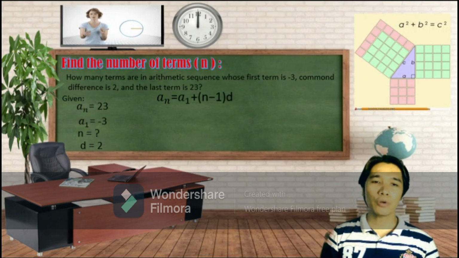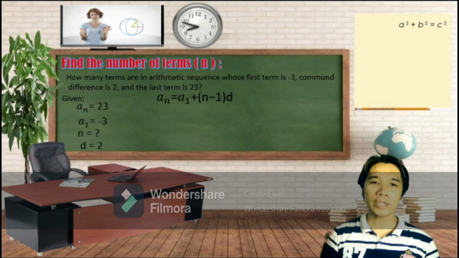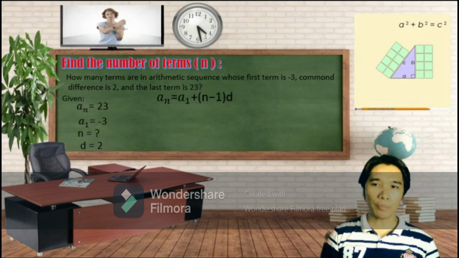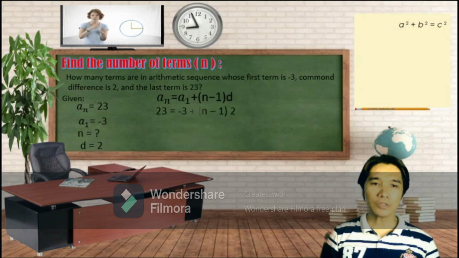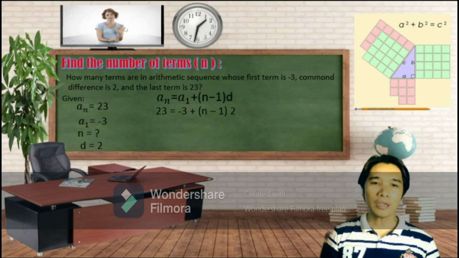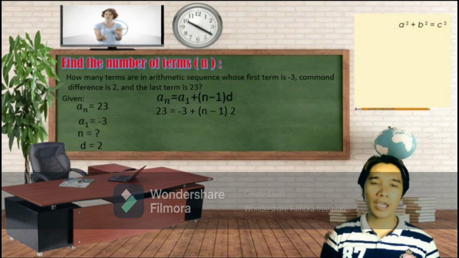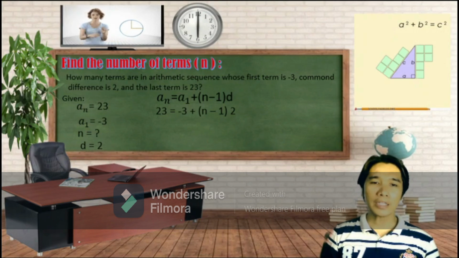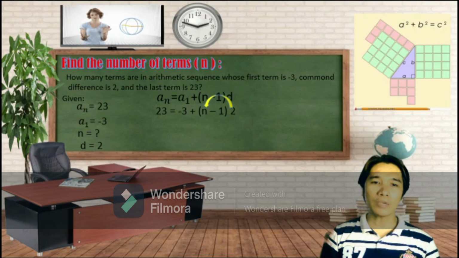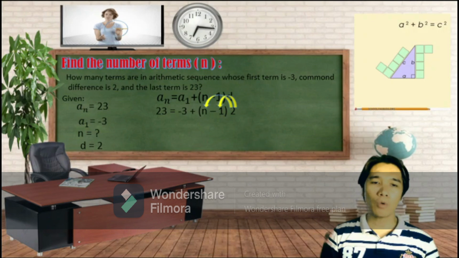So using again the formula a sub n is equal to a sub 1 plus the quantity of n minus 1 times d. Substituting the values, we have 23 is equal to negative 3 plus n minus 1 times 2. So applying the multiplication property of equality, we are going to multiply 2 times n, then 2 times negative 1.